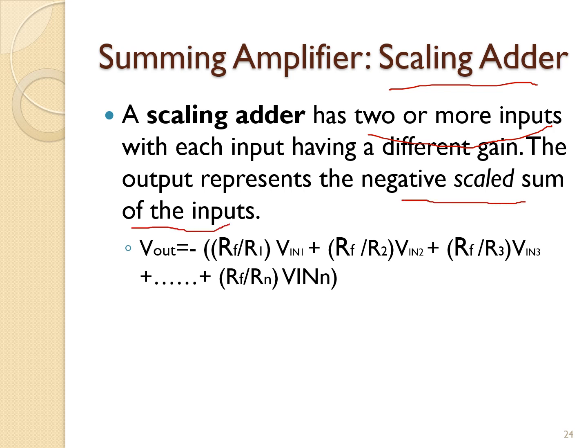Therefore, the formula for V out is equal to negative RF over R1 times V in 1 plus RF over R2 times V in 2 plus RF over R3 times V in 3 plus RF over Rn times V in n.